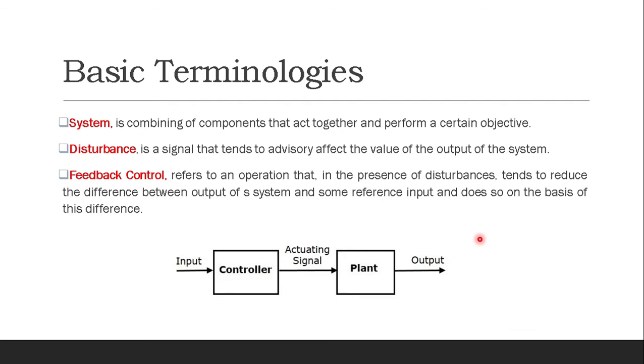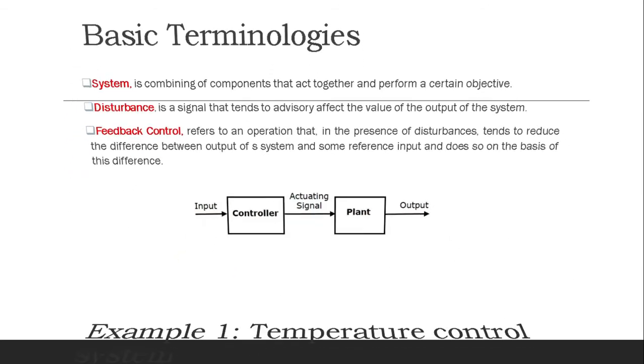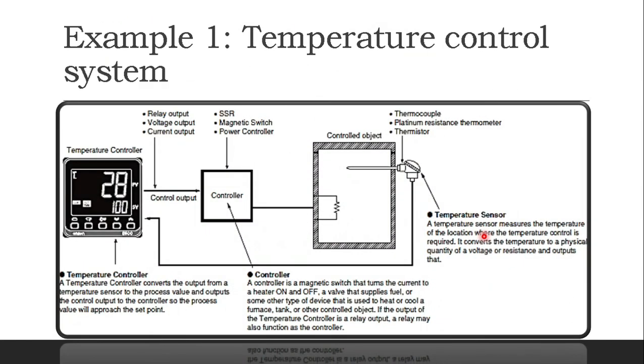Now let us discuss some examples of control systems to clarify the picture and the definitions we have already discussed. The first example is a temperature control system.